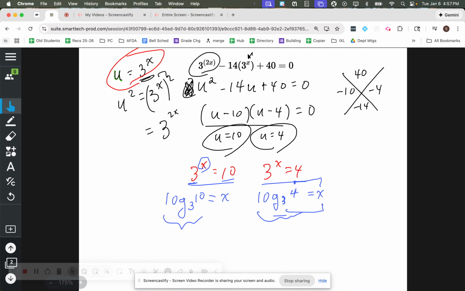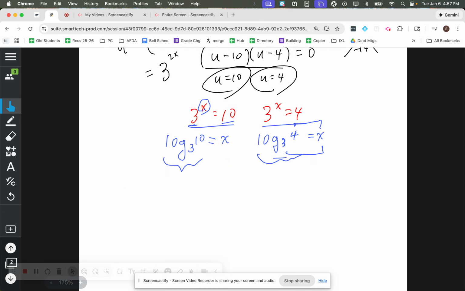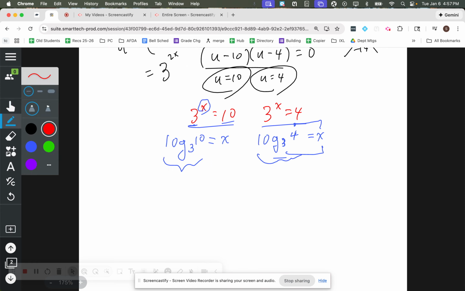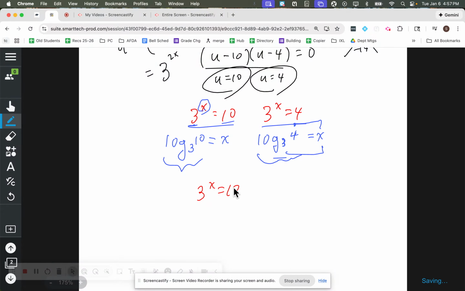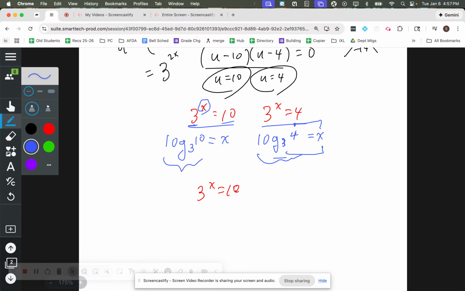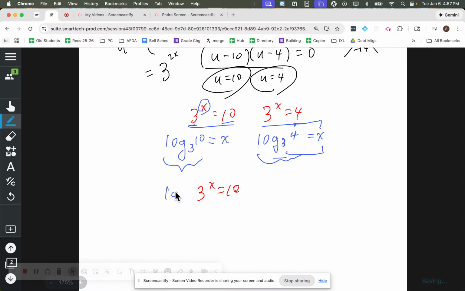Another way that I see that Delta Math explains it, if you say 3 to the x equals 10, and I want to know what x is, they talk about taking the log of both sides. Well, log base what? If you take log base 3 of this, 3 to the x power is what gets you to 3 to the x.